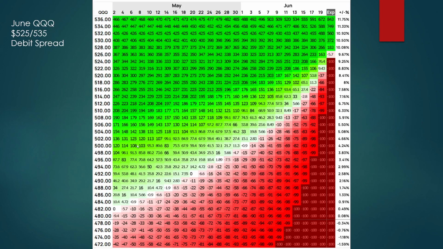And then you can kind of see how it works over time as the month of May and the month of June go by. You can see the total value that you would get for the different values that QQQ may be at. And then as long as it is over 535 by expiration, that 843 will be for anything that is above 535.